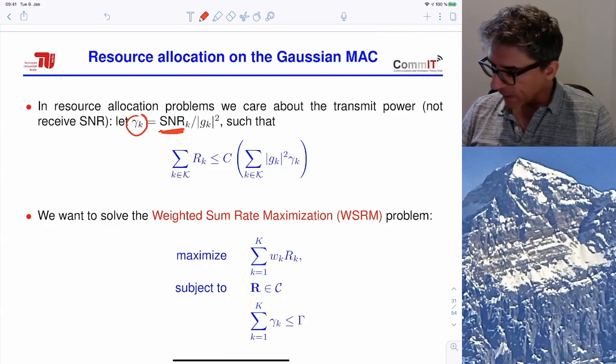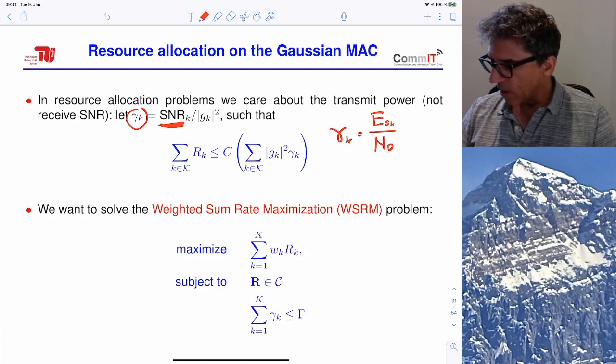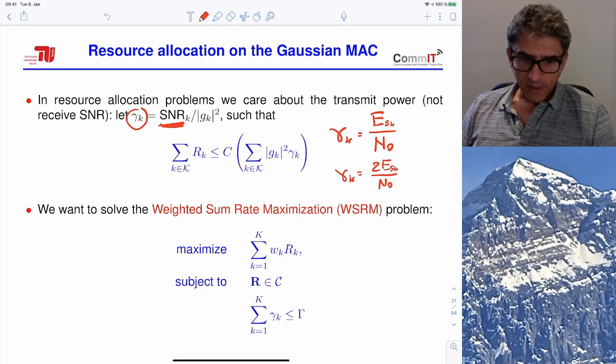So for simplicity, basically gamma k is simply ESk divided by N0 in the complex case, or gamma k is 2ESk divided by N0 in the real case.